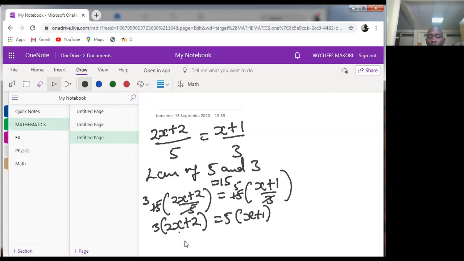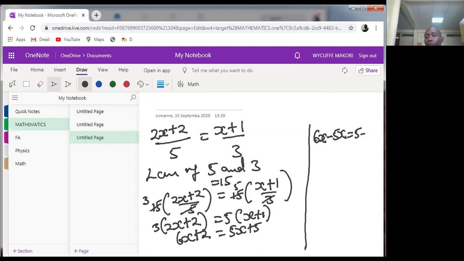So this is the same as 6x plus 2 is equal to 5x plus 5. Let us have the unknowns on one side. So we have 6x. Let us take 5x to this side so that it is minus 5x, is equal to 5. The 2 will go to the other side to be minus 2. We are going to find 6x minus 5x is actually 1x, is equal to 3.